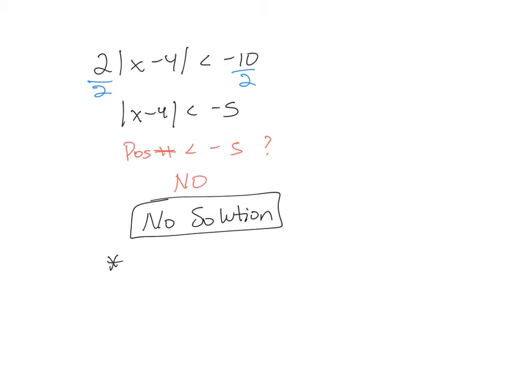Okay, and again, because a positive number is never less than a negative number. So all the solving and everything is the same, except you've got to remember to turn around the inequality if you divide by a negative, but otherwise everything's the same. Let me show you one more.